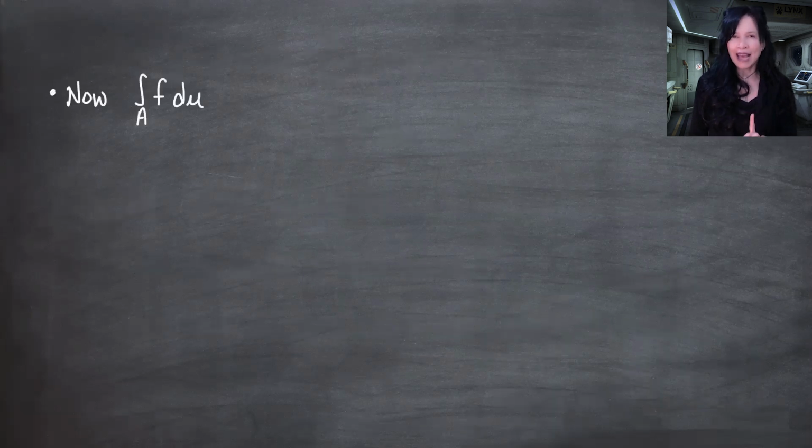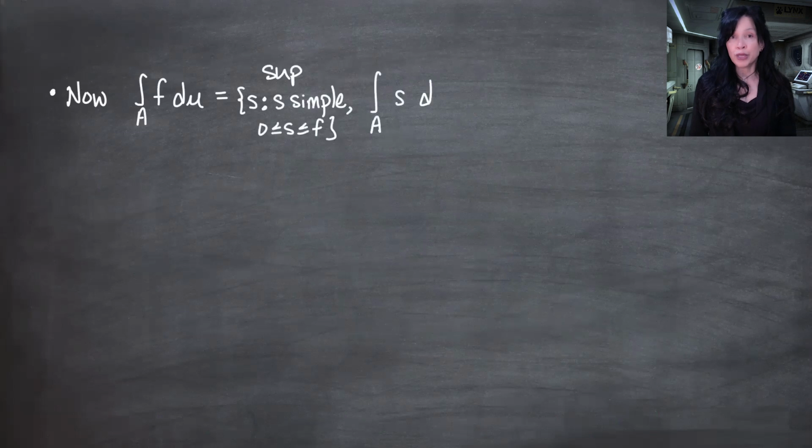The integral over A of f d mu is defined to be a supremum, the least upper bound of all integrals like this, where you take the supremum over simple functions that are trapped between 0 and f. And what we had was an upper bound, and the supremum is the least upper bound. That least upper bound is less than or equal to any given upper bound. So we've got the integral over A of f d mu less than or equal to the integral over Omega of this product with an indicator in there.